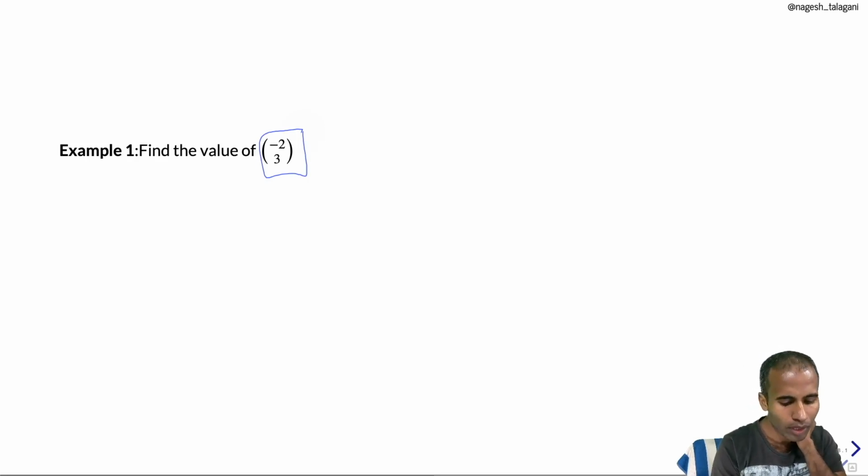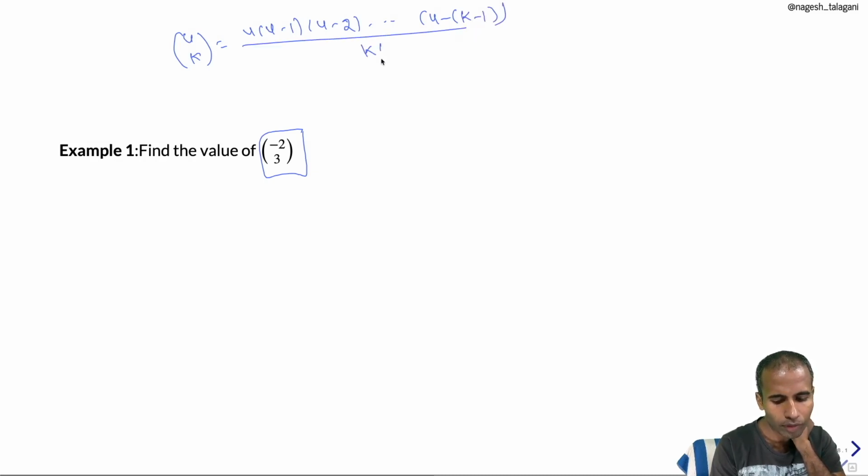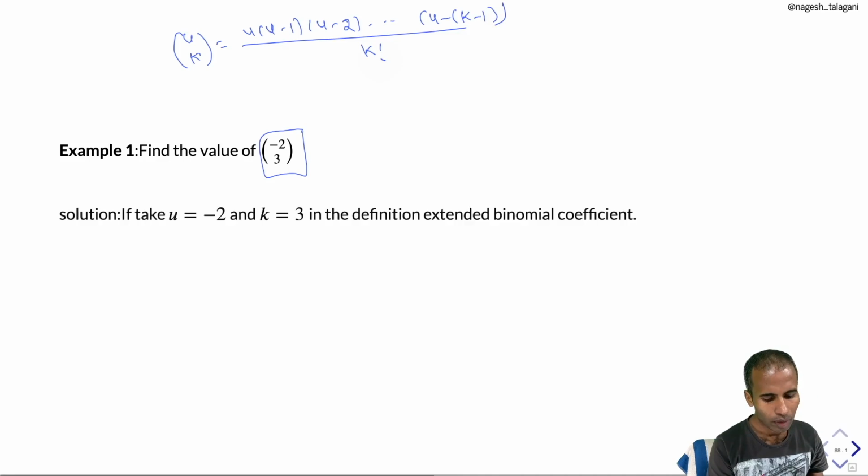With the definition, u choose k equals u into u minus 1 into u minus 2 up to u minus k plus 1. I can also write u minus of k minus 1, by k factorial. We go up to k minus 1. So now here u equals minus 2, k equals 3.